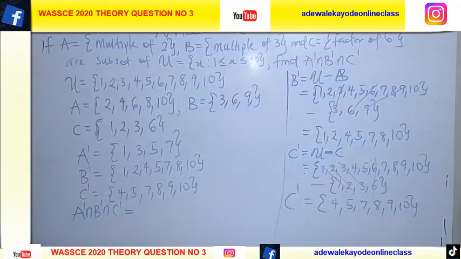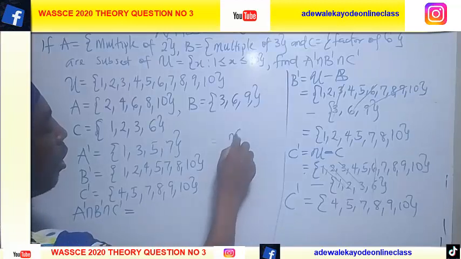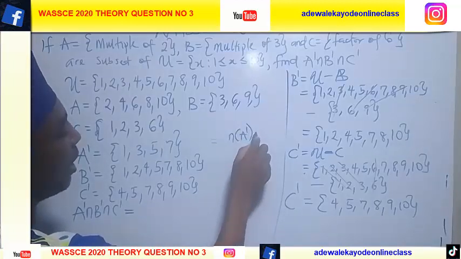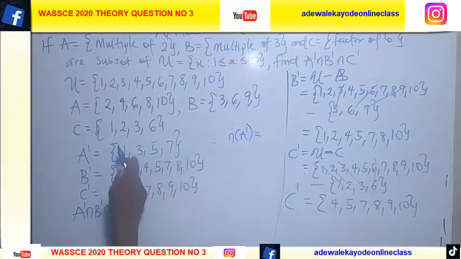Like I told you, the best method to find the intersection of two or more sets is to look for the smallest one, that is, the one with the smallest number of elements among them. Now when you look at this, the number of elements in A complement will be what? 1, 2, 3, 4.